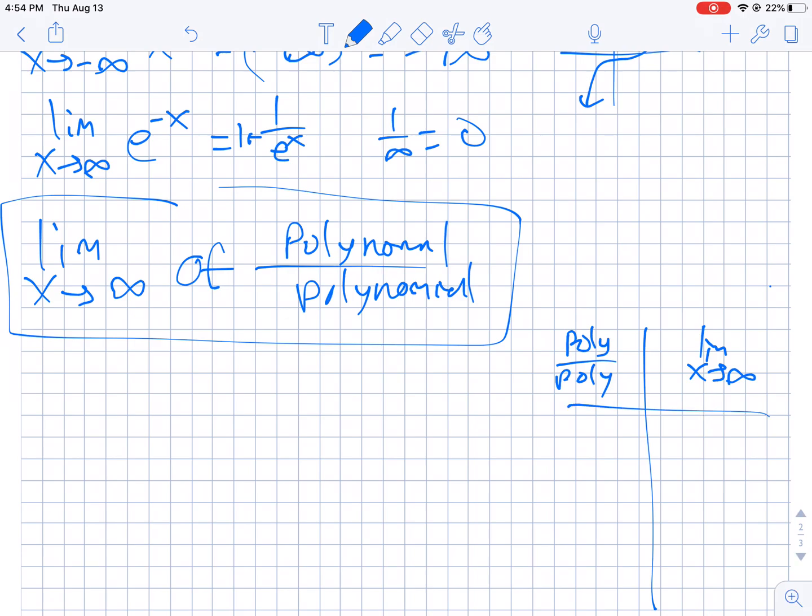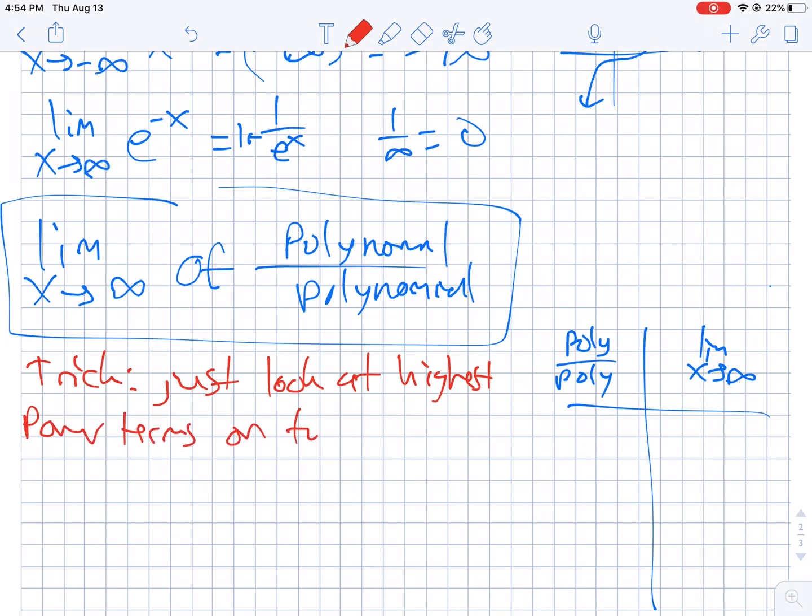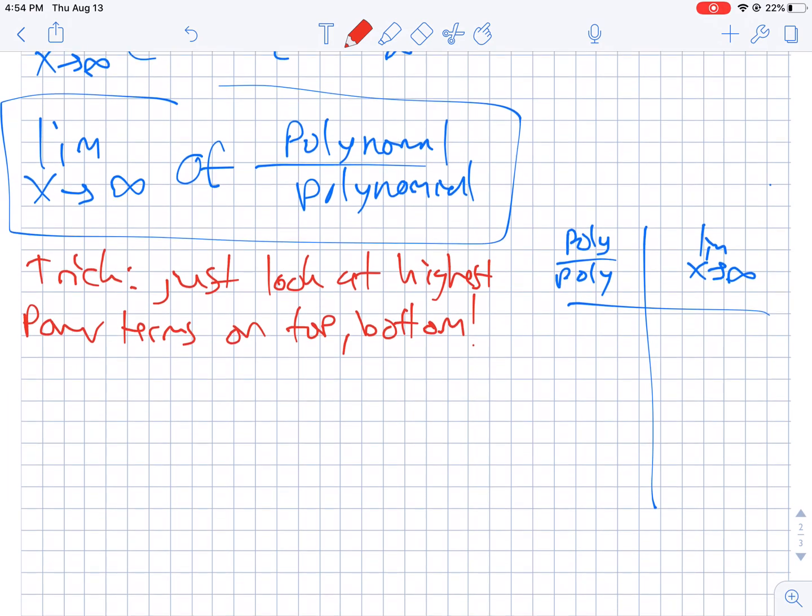So here's a key trick. The trick is just look at the highest power terms on top and bottom. So what if you take the limit as x goes to infinity? Let's say, I'm just going to pick a random example here.